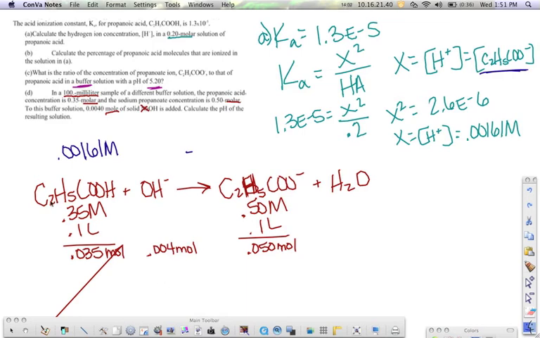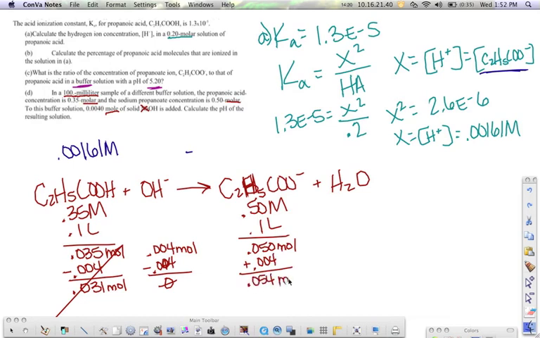So that means all of this hydroxide is going to react, all 0.004 moles, leaving behind nothing. This, because it's on the same side as the hydroxide, is going to go down by 0.004, leaving behind 0.031 moles. And because this is on the product side, it's going to go up by 0.004, leaving us with 0.054 moles.